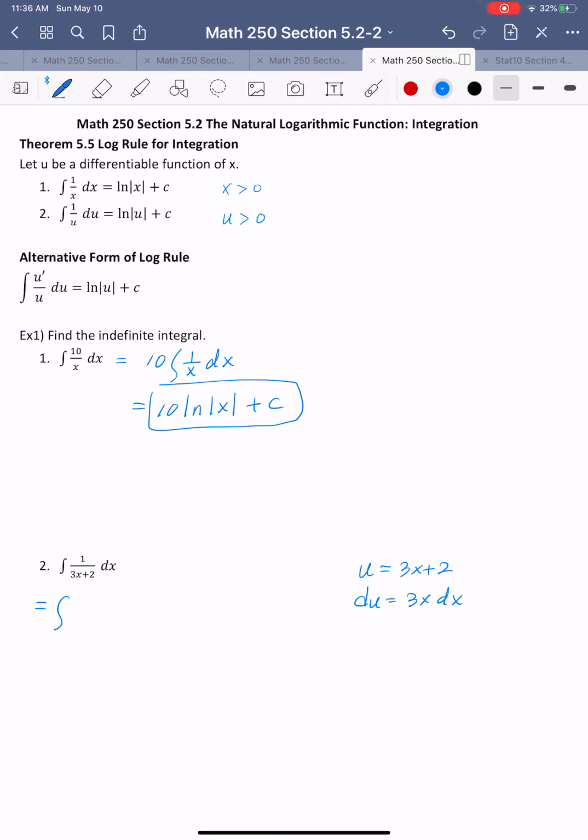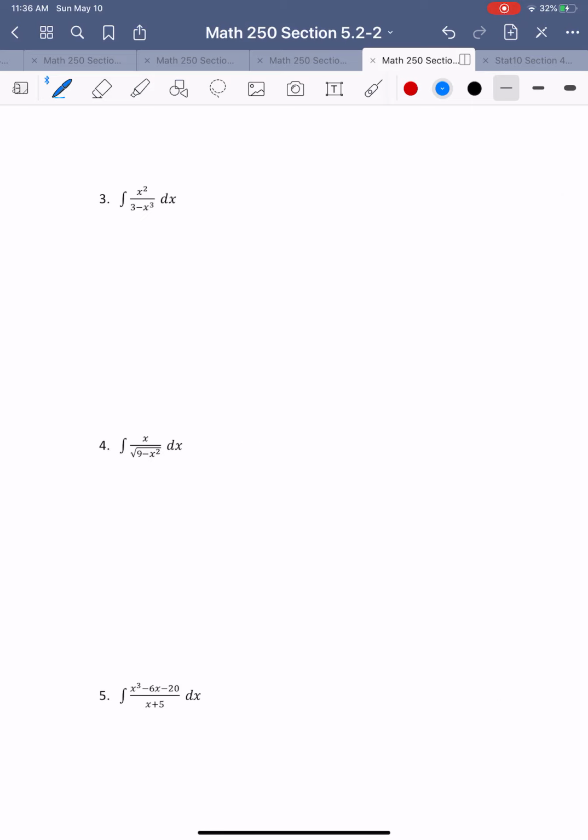I can write dx as du over 3, so I can pull the 1/3 out, and the integral of 1 over u du is the same as 1/3 ln of the absolute value of u plus c, which is the same as 1/3 ln of the absolute value of 3x plus 2 plus c. Okay, that's all. Next problem.